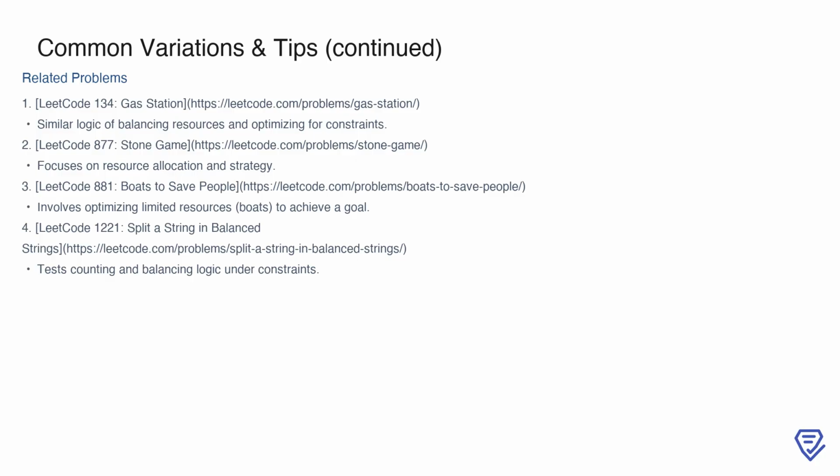Similarly, LeetCode 881, Boats to Save People, revolves around optimizing the use of limited resources, in this case, boats, to achieve a goal efficiently. Lastly, LeetCode 1221, Split a String in Balanced Strings, emphasizes counting and balancing logic under constraints. Exploring these problems can help deepen your understanding of strategies like resource balancing and optimization, which are crucial for tackling challenges like the water bottles problem.